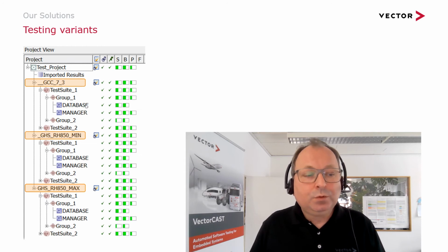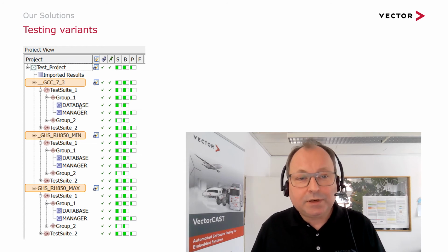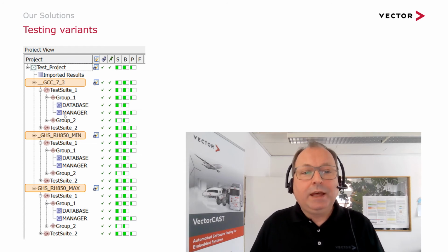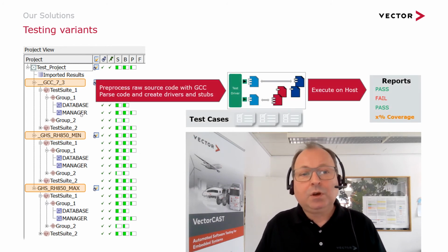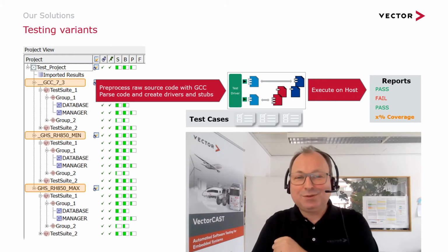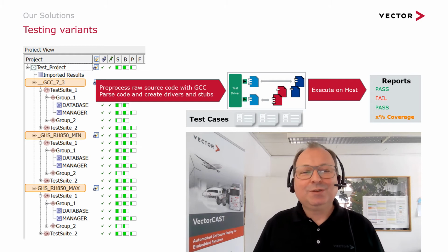We have 2 unit test environments, one on database, one on manager. And if you as a developer, if you as a test engineer want to create test cases, want to dynamically execute unit tests, then you can use VectorCAST.